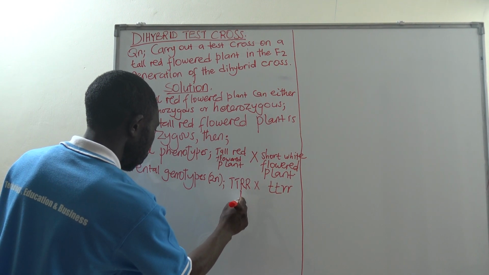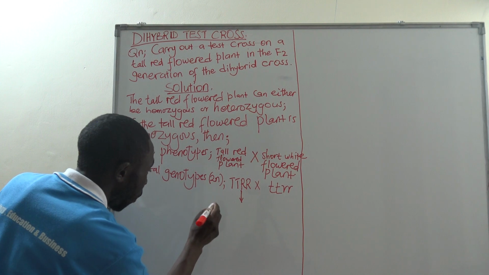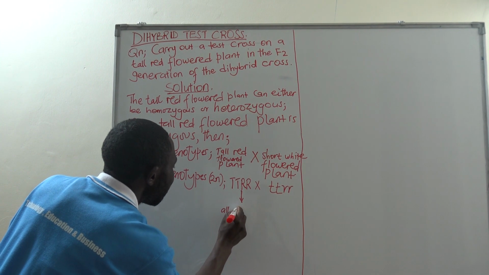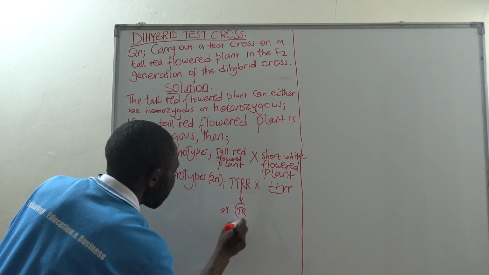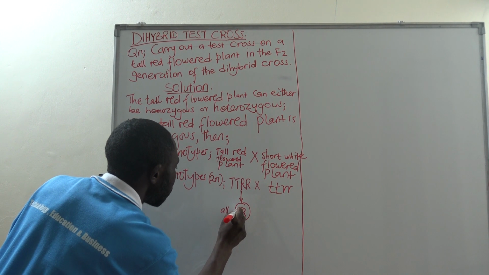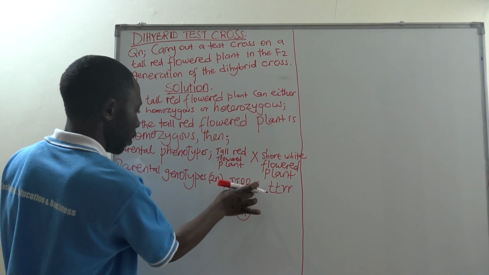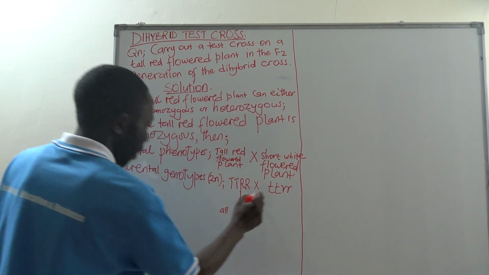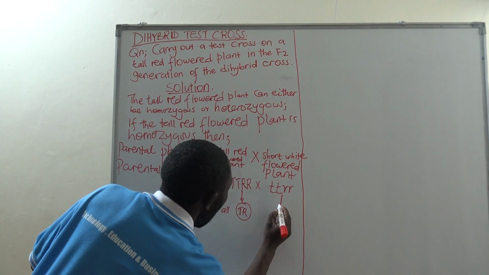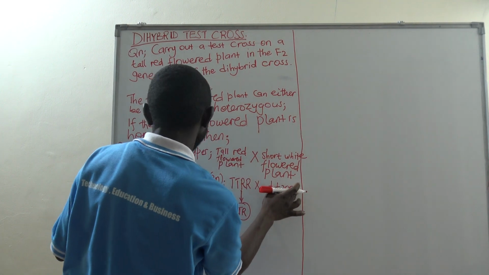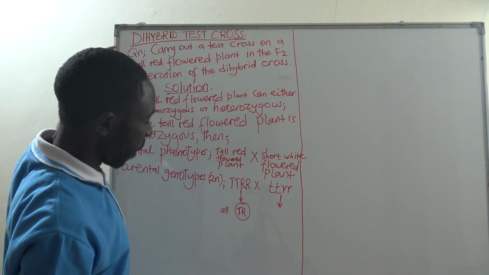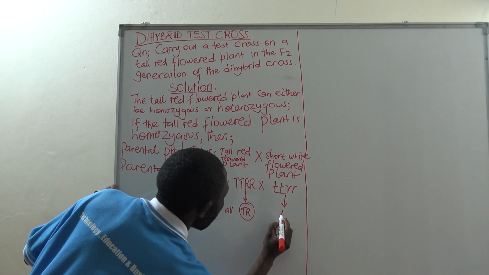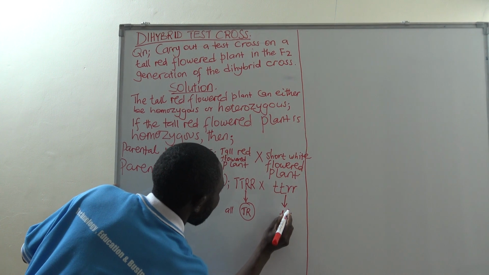All allele combinations in this parent will be TR. In a similar way, all the allele combinations for the homozygous recessive parent will be small t, small r.